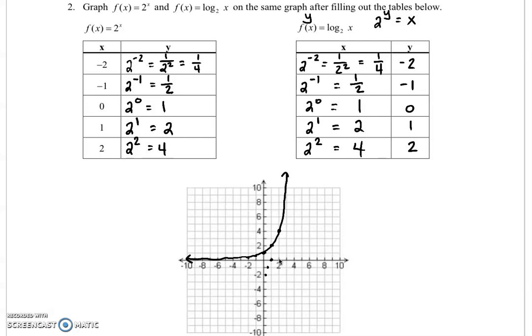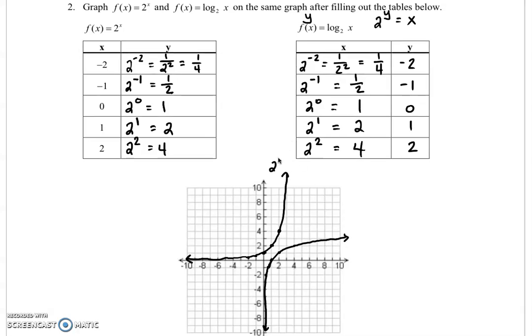When x is 2, y is 1. And when x is 4, y is 2. So again, we have this curve that gets very close to the y-axis but doesn't touch it.